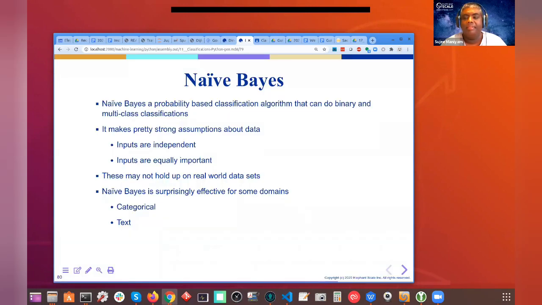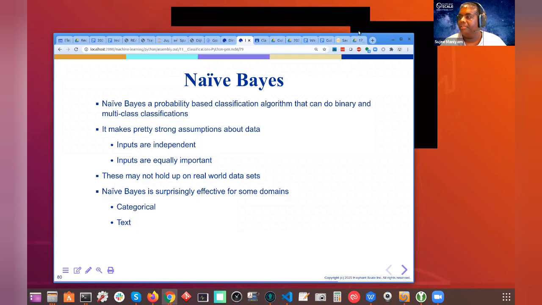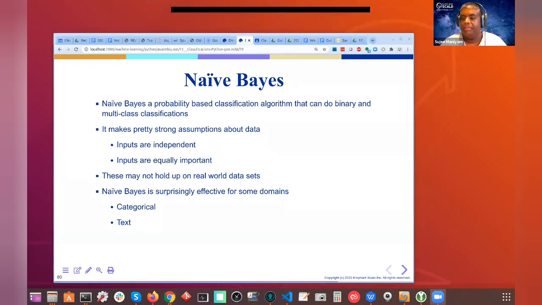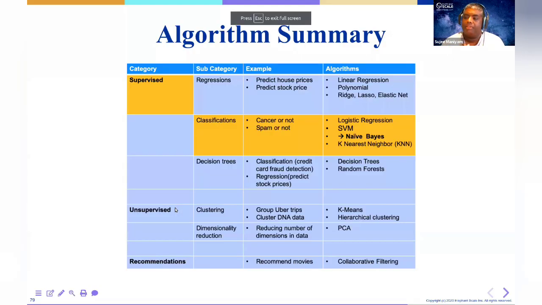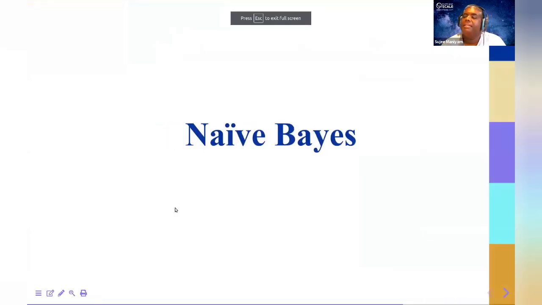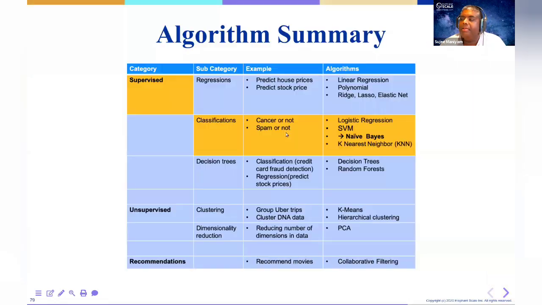And let me get the chat window up here, 1 second. All right, guys, so let's look at Bayes. So look at our algorithm summary. We did logistic, we did SVM, we're going to do Bayes, right?